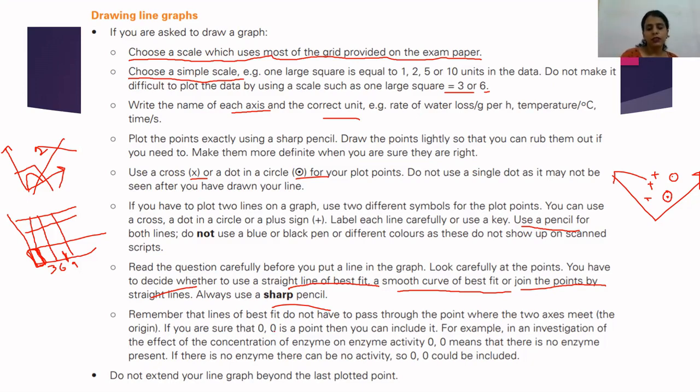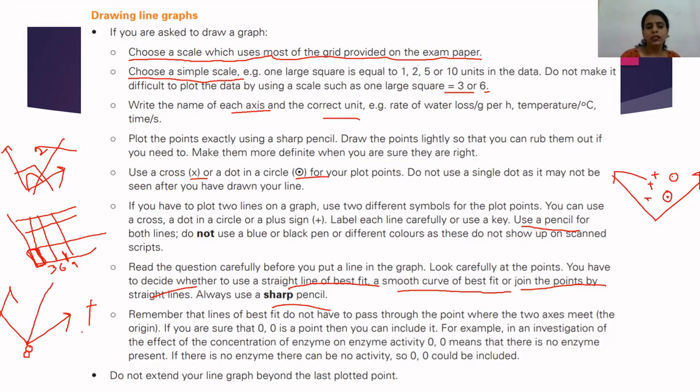Whenever you draw the line of best fit between the points you have plotted, consider the origin. If the scale you have taken on the x-axis is 0 at the origin, and the scale on the y-axis is also 0 at the origin, then you can pass the line of best fit through the origin.